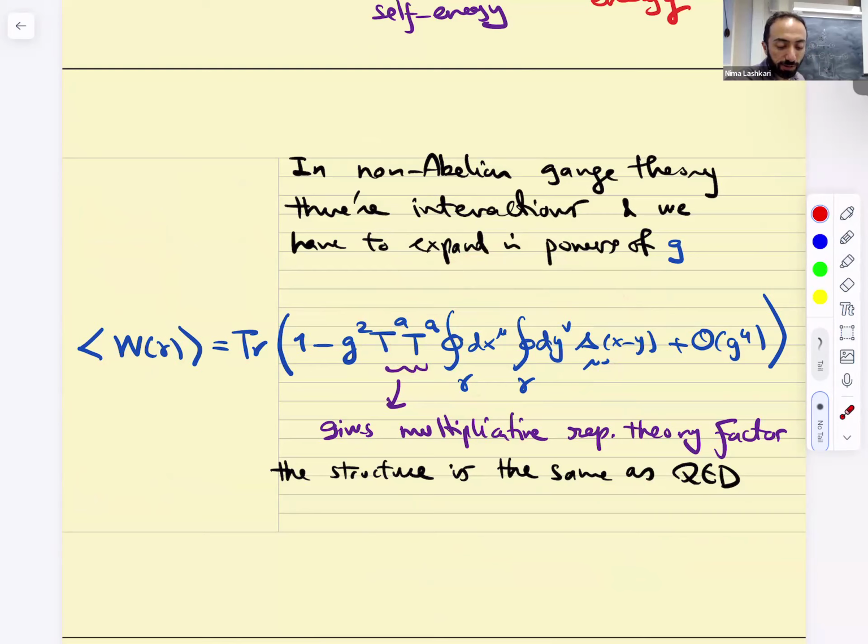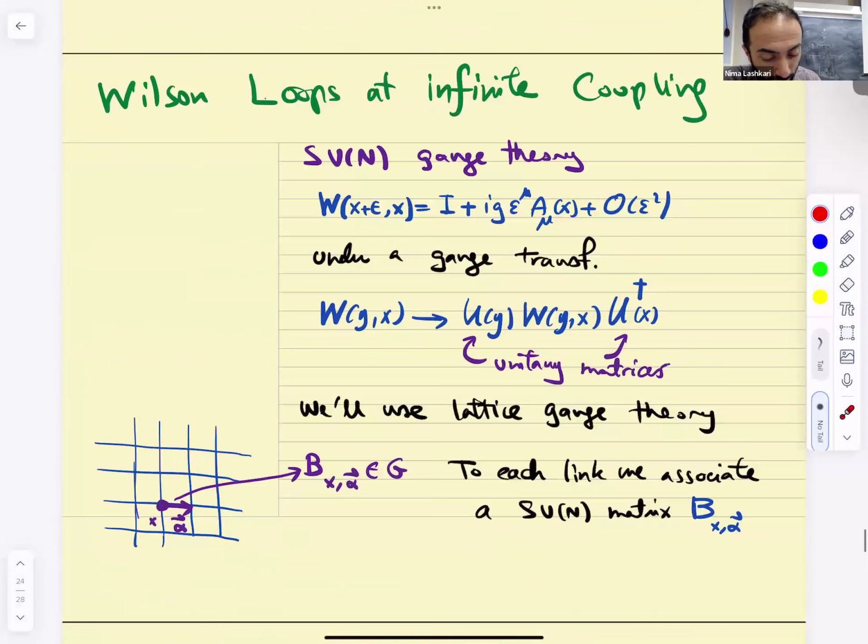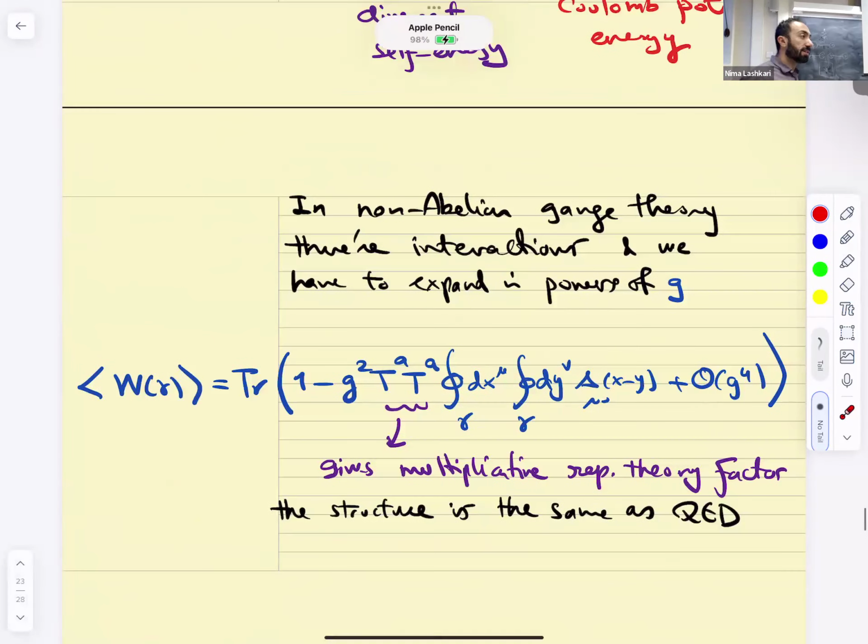The very first term is exactly the same as what you would have gotten in QED, except that there are just these T^a in front. That gives you another representation theory factor. Otherwise, the structure is the same. So conceptually, the structure is the same, but the calculation would be done in reverse. All right. Is this part of the calculation clear?